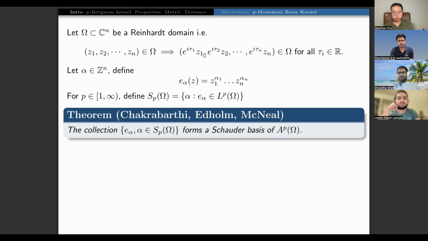So e^{i theta 1} z1, the entire circle, in all n coordinates should be there. If your domain is a Reinhardt domain, then define for alpha in Z^n the monomial z1 power alpha 1, z2 power alpha 2, and so on, zn power alpha n. Then define the set S_p of omega to contain all these monomials which are in L^p of omega. This collection will form a Schauder basis for the space A^p.